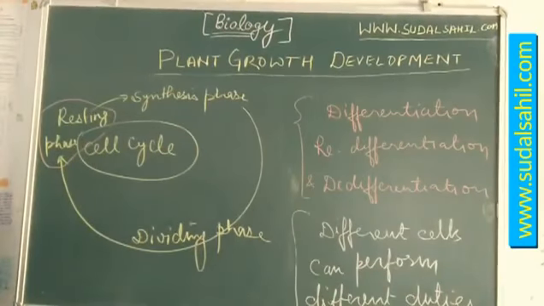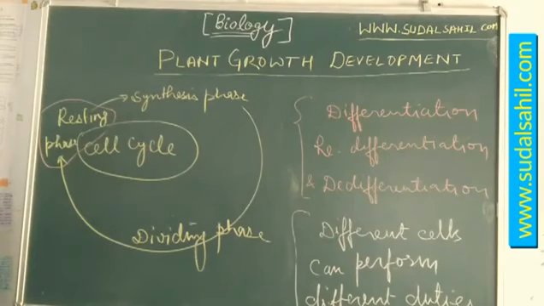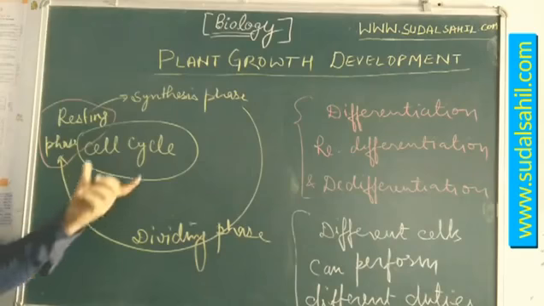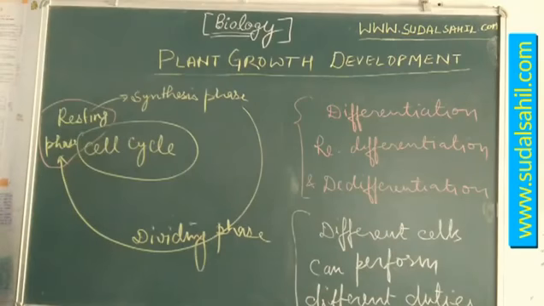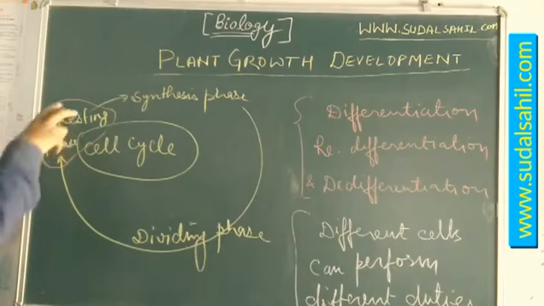If you look at the cell cycle, there is a resting phase, a synthesis phase and a dividing phase. In the synthesis phase, your cell synthesizes the material required for division. It doubles all its organelles, all the chromatin, all the material found in the cell, and then it enters the dividing phase.